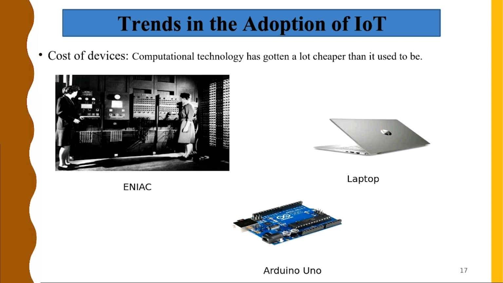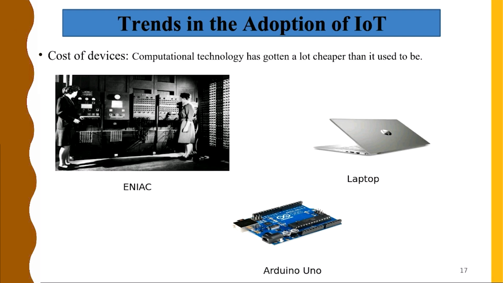So that is one of the reasons: the cost of hardware electronic components has reduced to a great extent in recent years, so affordability has increased. Earlier, the electronic components were expensive, but now they are available at less cost. That is one of the reasons.